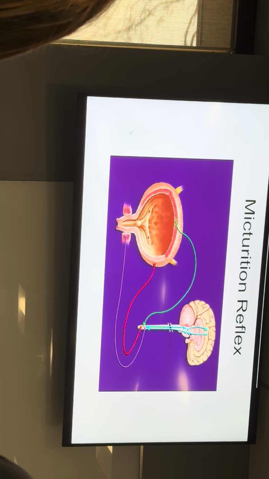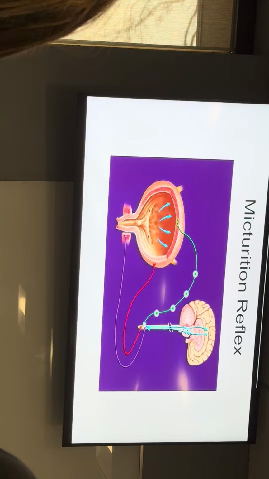The micturition reflex involves impulses traveling from the urinary bladder to the sacral region of the spinal cord, and from the sacral region of the spinal cord back to the bladder. It is coordinated by neurons in the spinal cord and can be influenced by signals from the brain. When the urinary bladder becomes stretched, there is an increase in the frequency of action potentials carried from the bladder wall to the sacral region of the spinal cord.